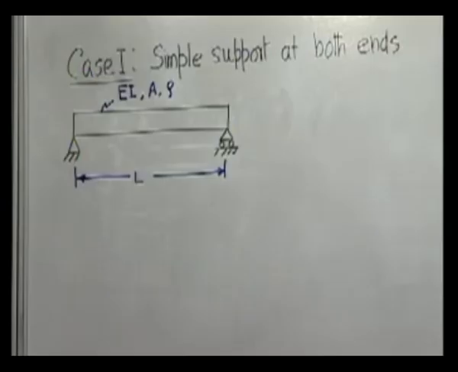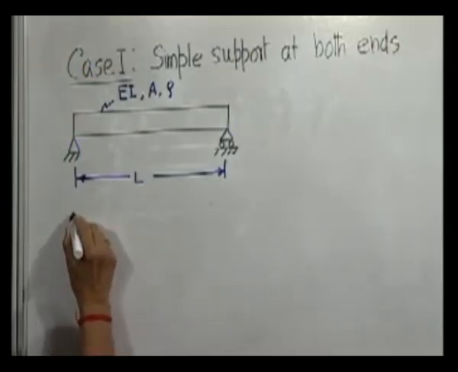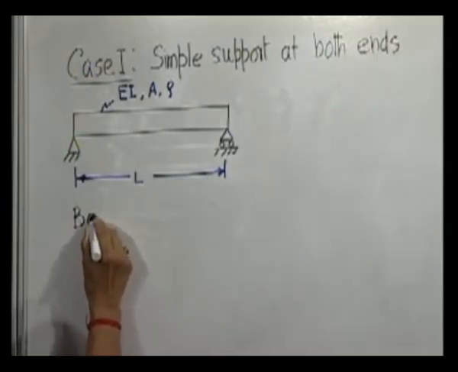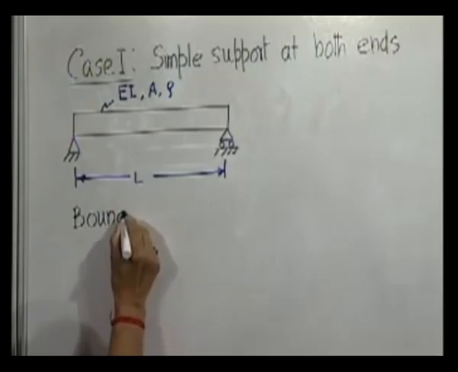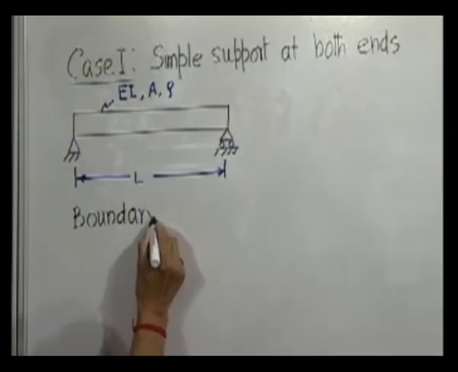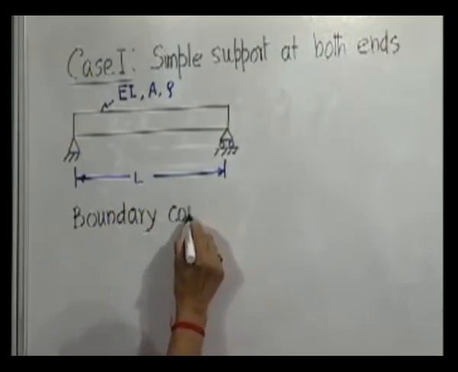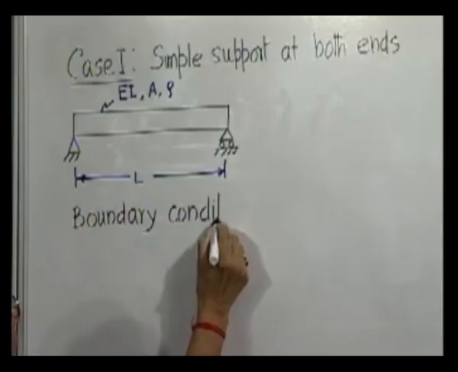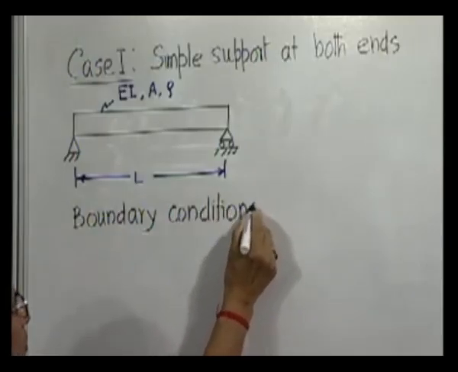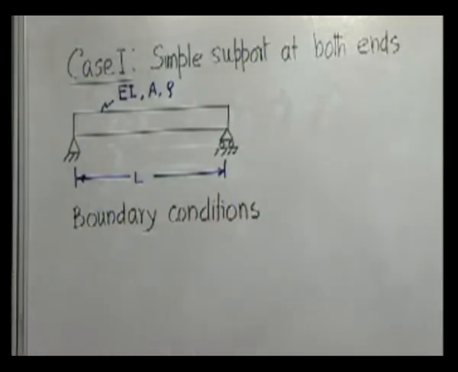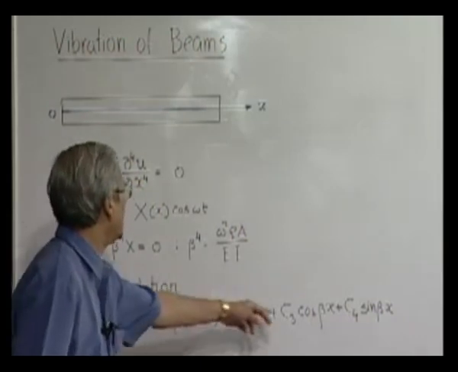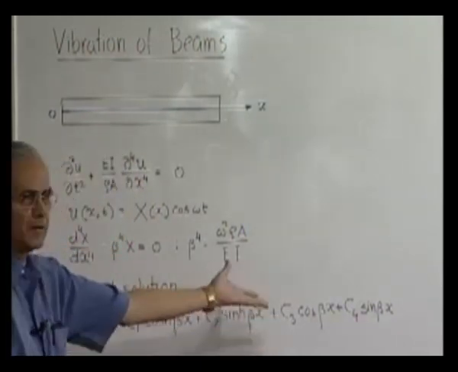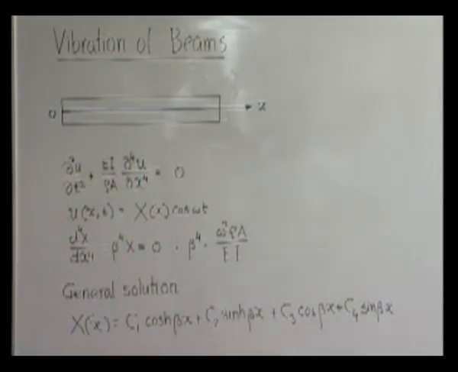So, the boundary conditions here, we notice that 4 constants A, B, C, D or C1, C2, C3, C4, whatever way we write those, they require 4 conditions.